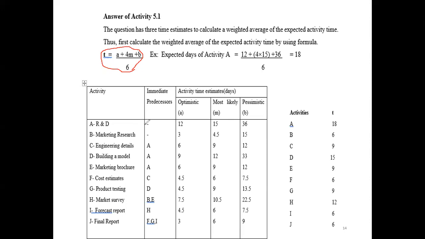For A activity, optimistic A is 12, 4M is 4 into 15, and pessimistic B is 36. Now you add. 4 into 15 is 60. Then 60, 72, 78, 108. Altogether 108, you can calculate with your calculator. Then 108 divided by 6, the answer is 18.